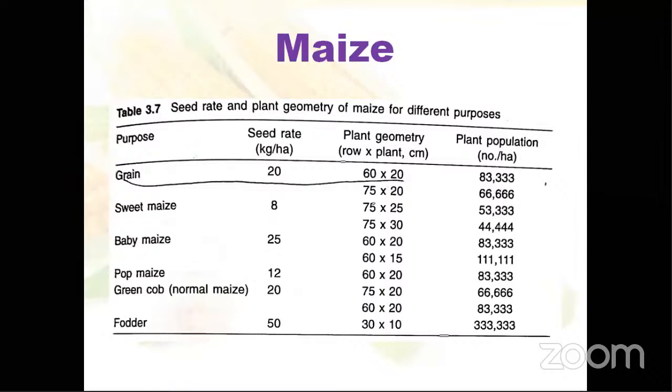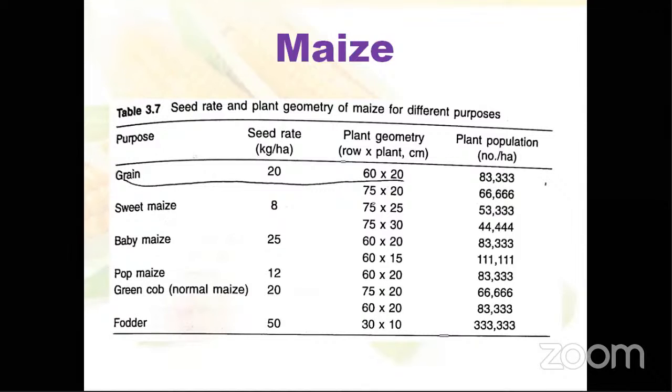seed per hectare. Then coming to the next one, baby maize, baby corn. Nowadays it's very famous. You have to sow baby corn at 60 to 20 centimeters or 60 to 15 centimeters. If you sow at 60 to 20 centimeters, the optimum plant population you will observe is 83,333.